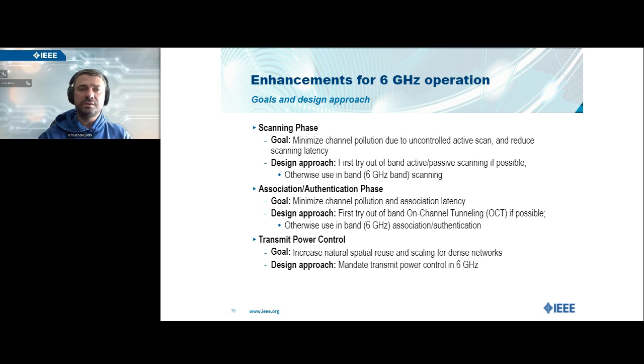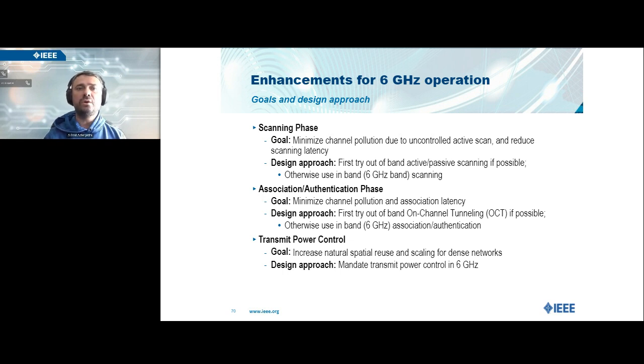The first goal was the scanning phase. We generally have probe storms to deal with in the 2.4 GHz and possibly in the 5 GHz band. So, to minimize the channel pollution in the 6 GHz band due to uncontrolled active scanning and to reduce scanning latency, there were different functionalities that were either mandated or specified for the 6 GHz band.